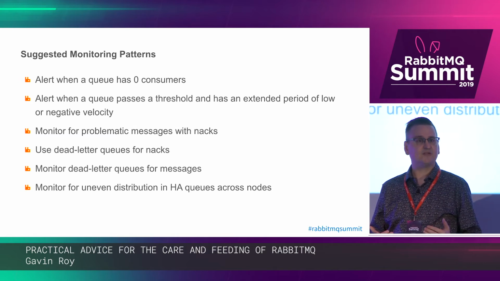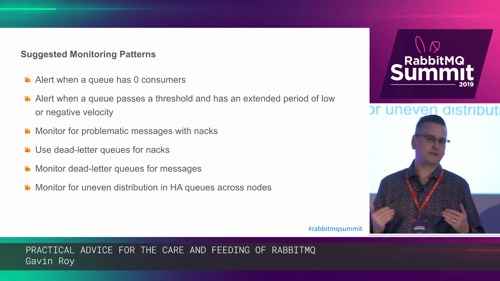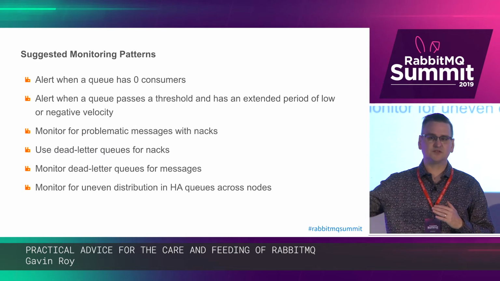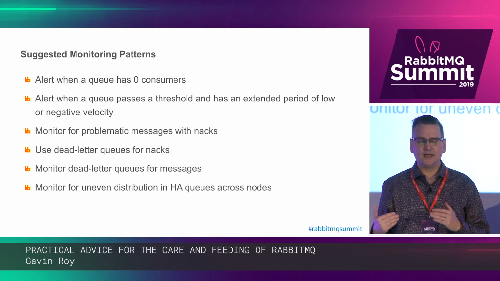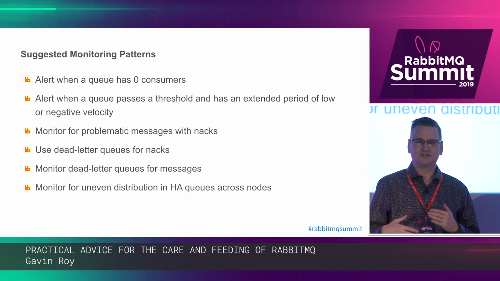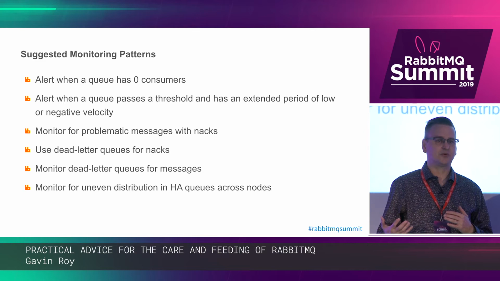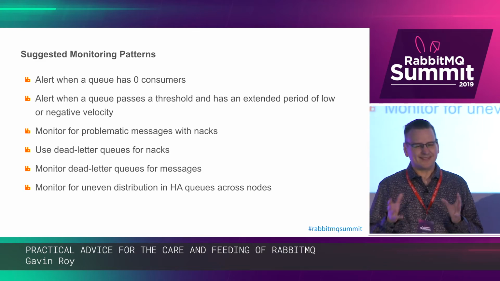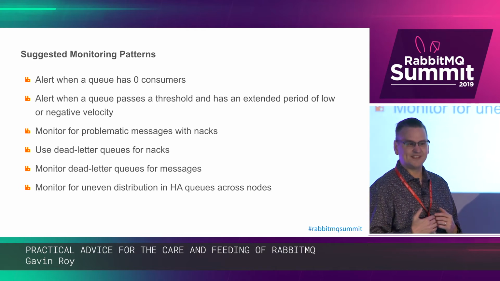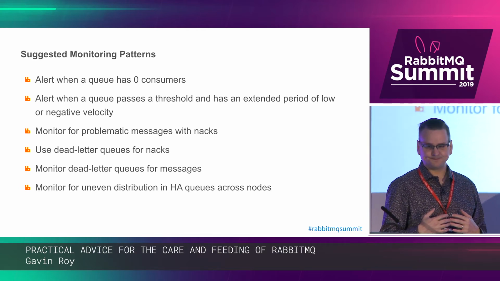But if we have a trend where we have 1,000 messages, and over the last hour it's been slowly accumulating and the velocity of consuming messages has gone down, then that's maybe something we want to look into, because maybe there's an operational issue that's causing our throughput to go slower than expected. That's a really important way to look at how you can avoid pager fatigue with regard to the application.